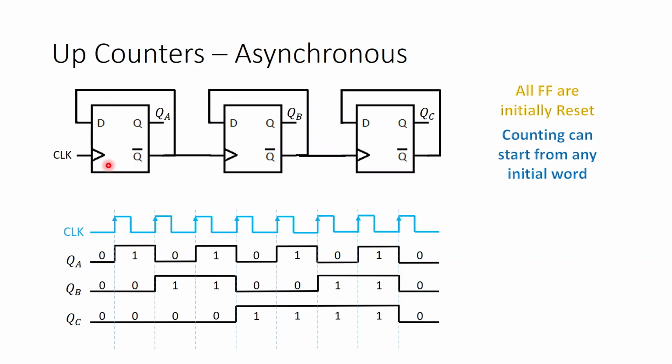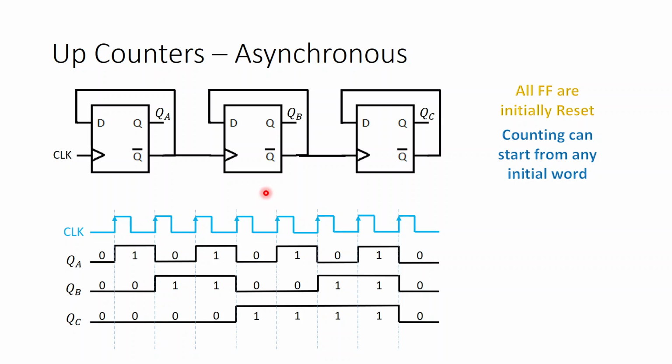So when the clock edge trigger happens, Q and Q bar do not change instantaneously, it takes some time. And when it changes, then with the trigger of Q bar, QB also changes, and that also takes some time. Hence QC will also change after some time. So the changes of QB and QC are not in sync with the clock. Hence this is an asynchronous up counter.